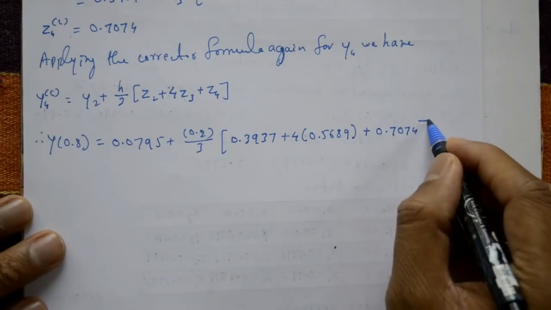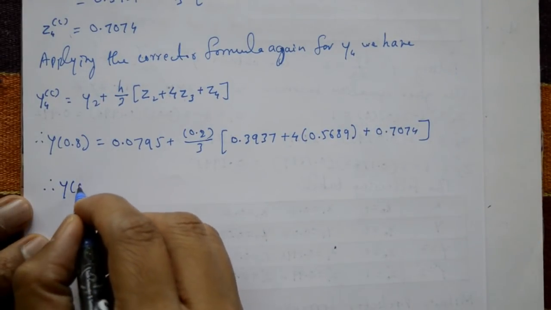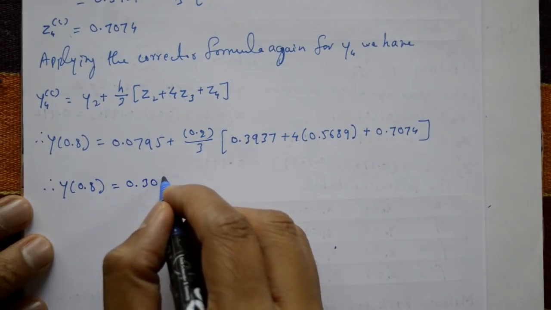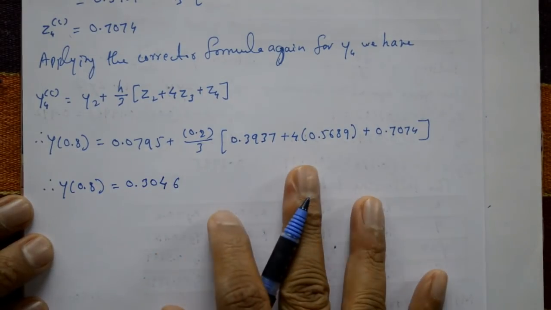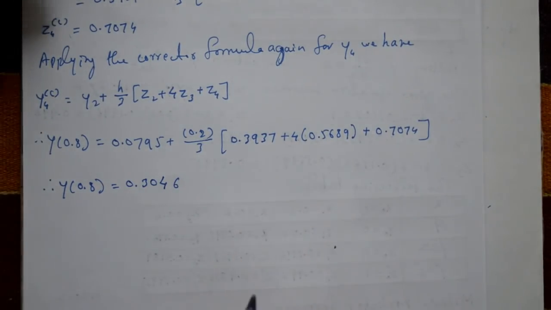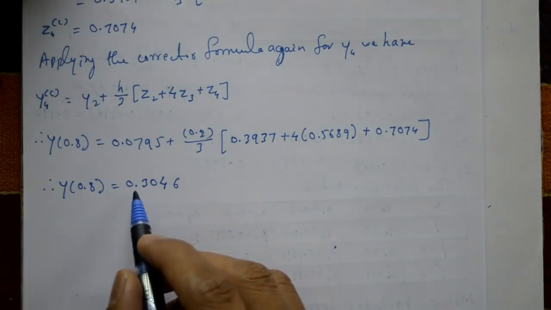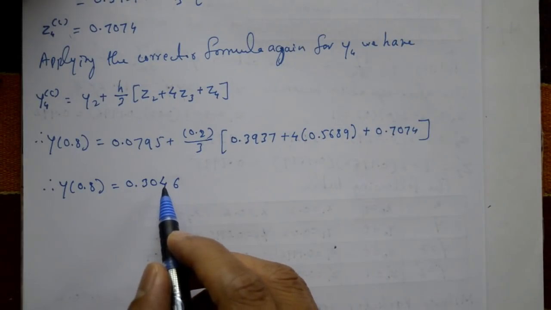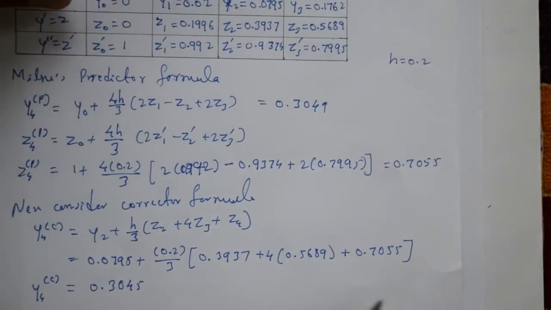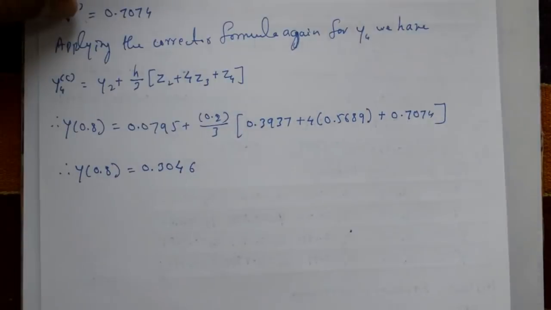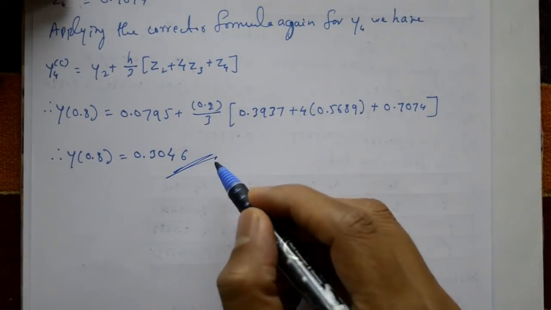Therefore y of 0.8 is equal to 0.3046. Now see the values: y4 corrector formula is 0.3046 and 0.3045 from the earlier corrector. The last two values are the same. Now this is the required solution.